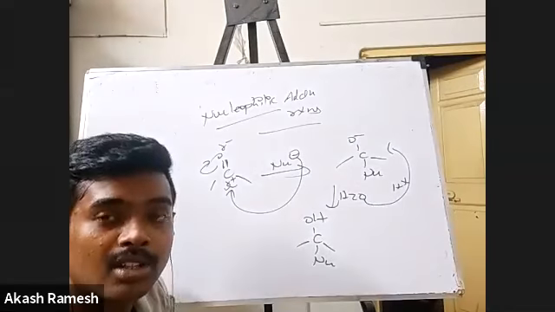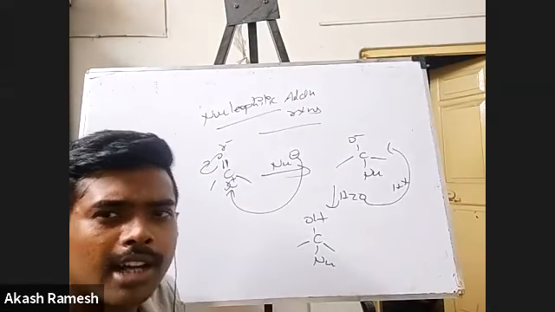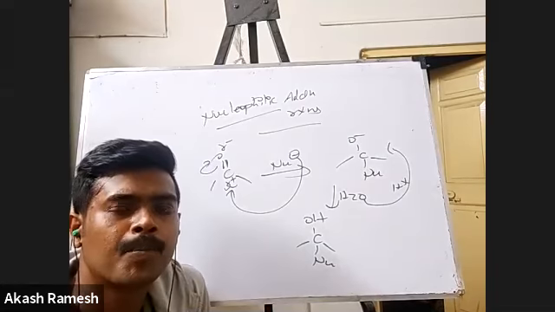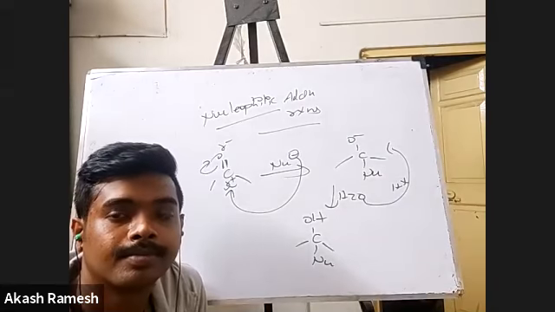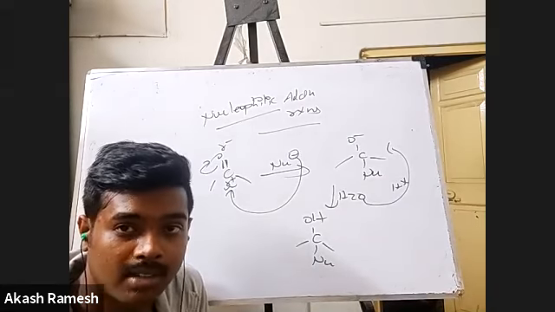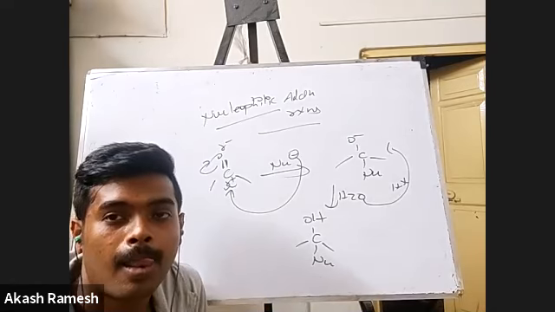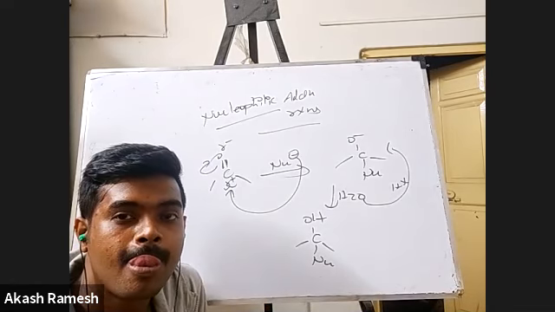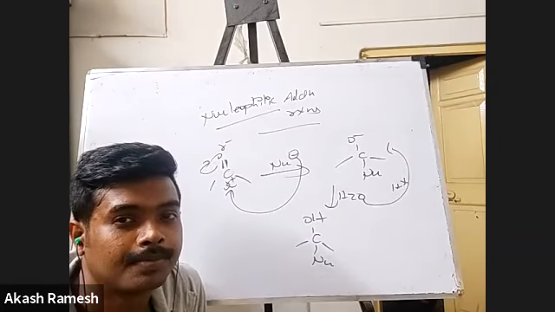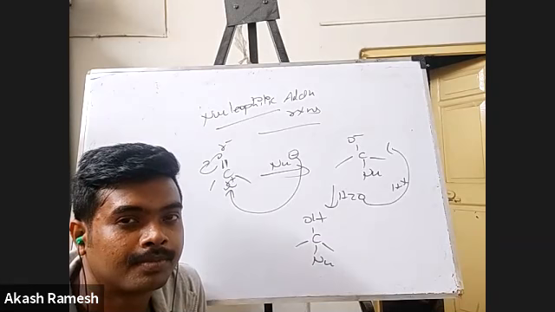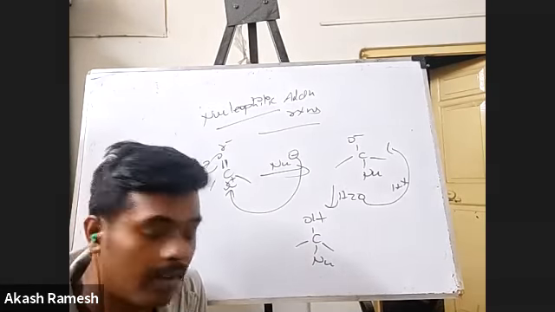What are the various reactions? Now we have already seen one reaction. Can you tell me what it is? We have already seen one nucleophilic addition. Addition of what? Halogens? No, we cannot add. After all, the Cl minus, it is not going to work. But I'm telling you, we have already seen the reaction.